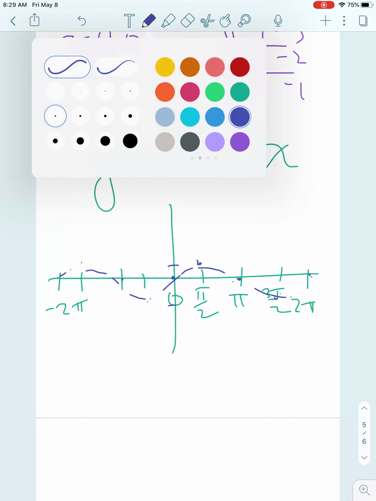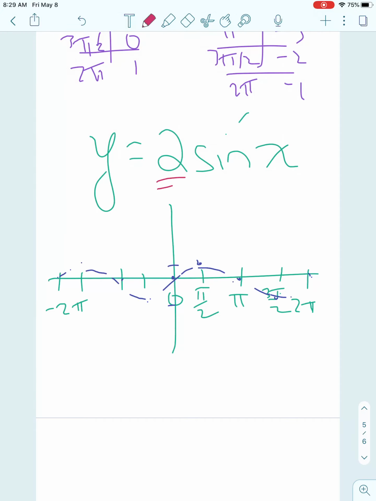Now in your gut, you may be able to look at this and just know that is a vertical stretch. So what would have been at pi over 2 a distance of 1 up right here, it is now going to be a distance of 2 up. My zeros don't have a stretch, but my -1 is now going to go down to -2.